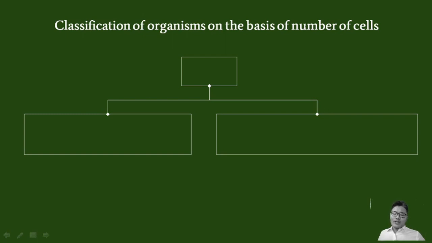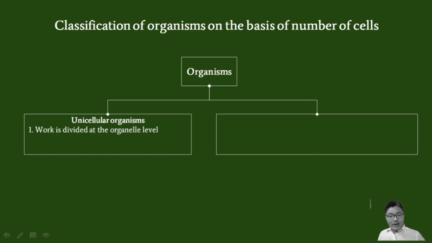Now let us try to classify living organisms on the basis of the number of cells. Some living organisms are made up of a single cell, so they are called unicellular organisms. In a unicellular organism, all the functions or work is divided at the organelle level. Organelle here refers to tiny structures within the cell.